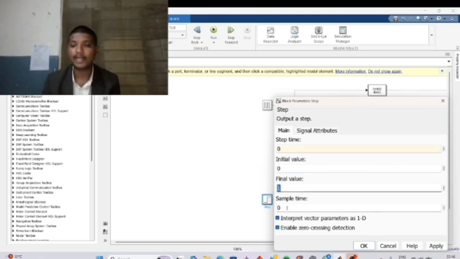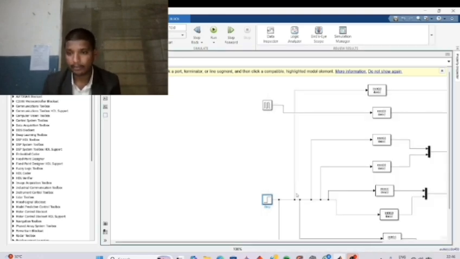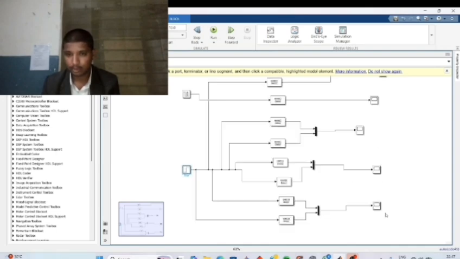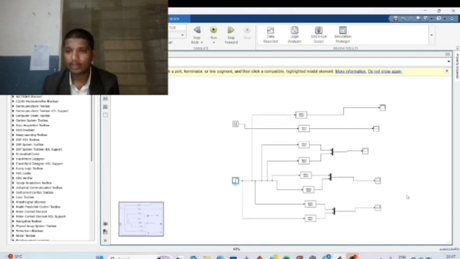Sample time we take 0. So the whole block diagram of our simulation is completed. Let me run this.